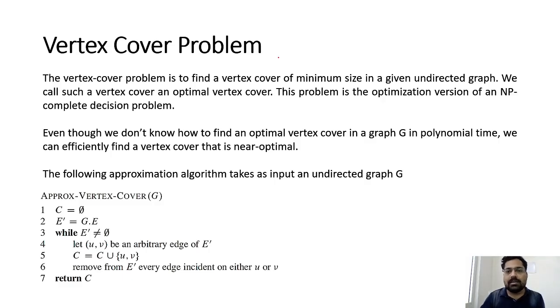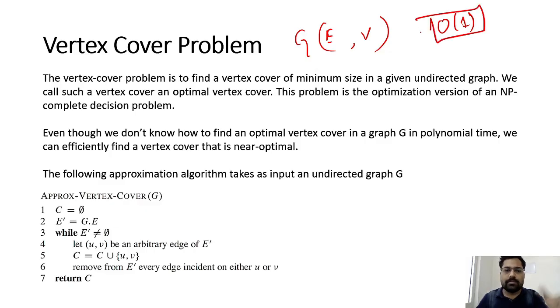Here E is the edges and V is the vertices of a graph. If I say all the vertices are the vertex cover, that is valid because all the vertices are connected with the edges.